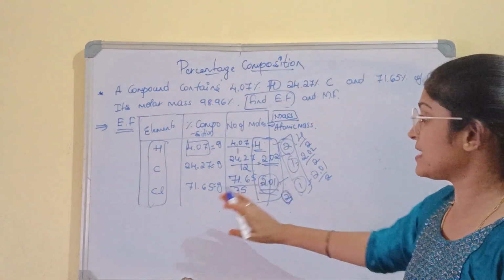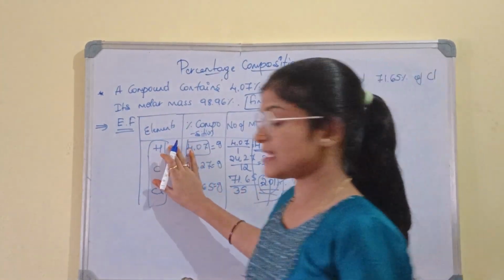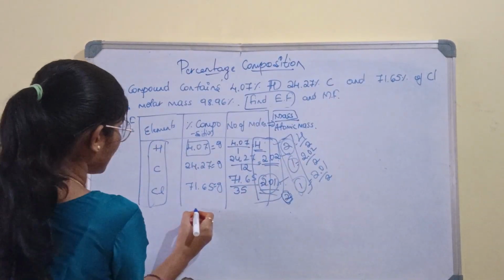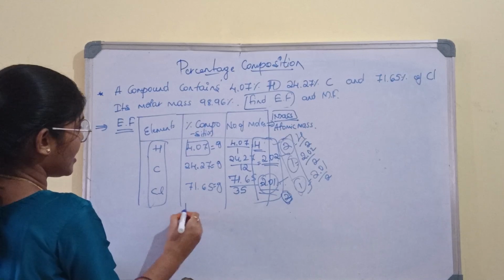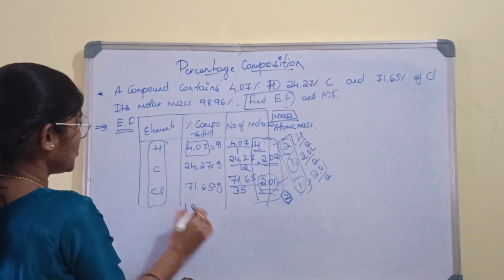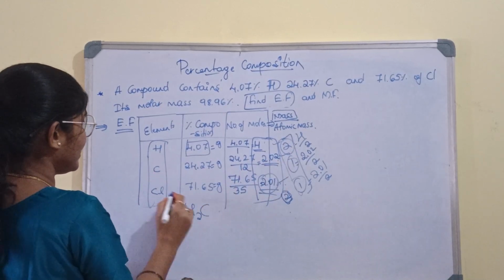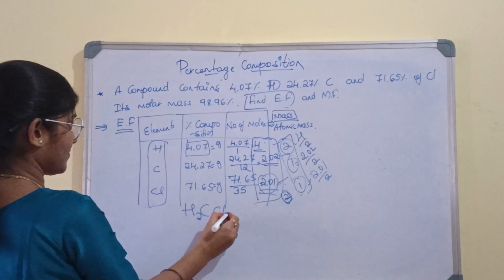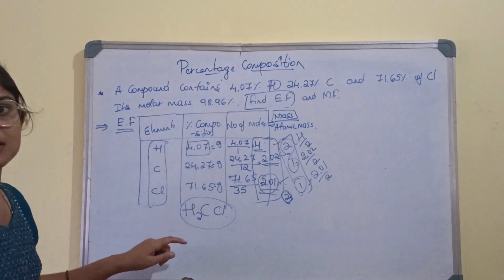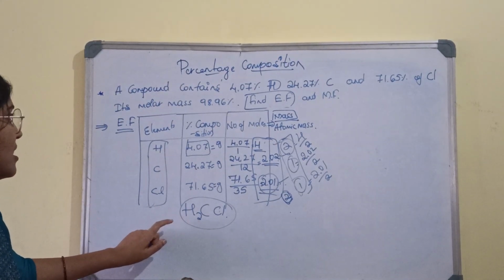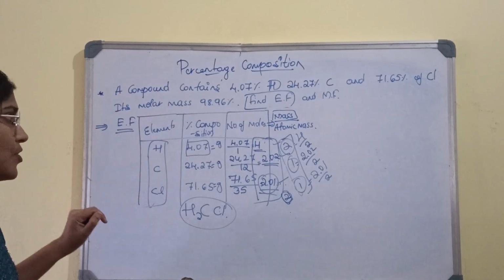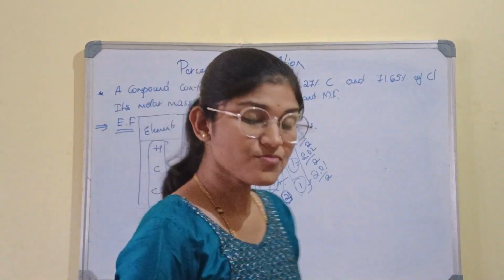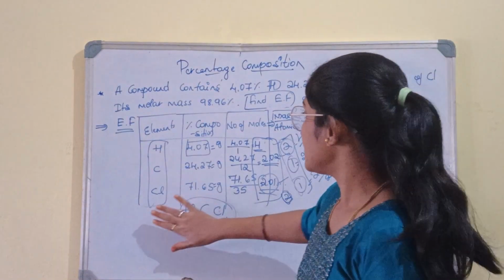This ratio can be written using these elements: H ratio is 2, carbon ratio 1, chlorine Cl. This is the empirical formula of the given data. Okay, have you got it? So let me tell again.